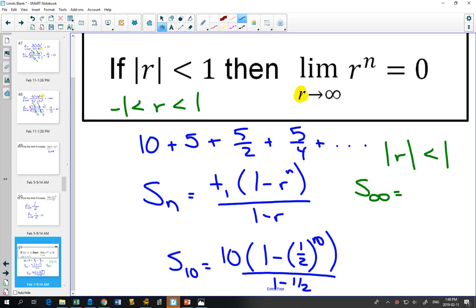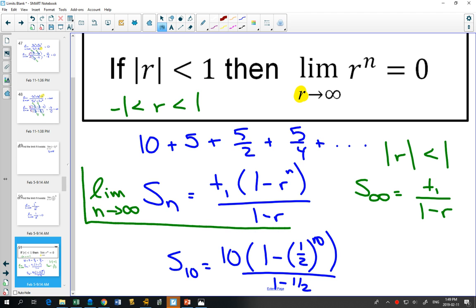Now, you wrote down your formula from grade 11. We found out it was like this beautiful formula, whereas the other formula was big and ugly and complicated. The infinite formula ended up being quite simplistic. Well, what we were really doing is taking this and saying, what's the limit as n goes to infinity of this whole thing?